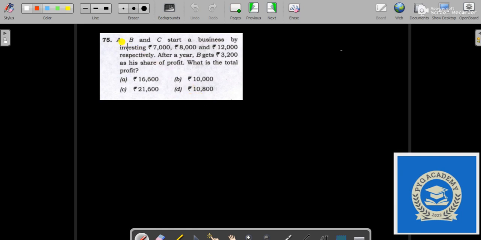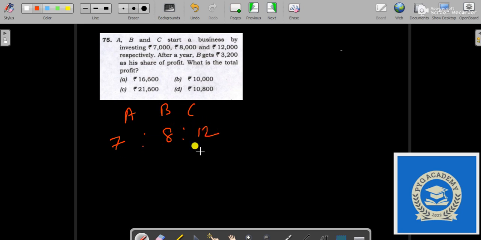In the question it is given that A, B, C start a business by investing 7,000, 8,000, 12,000 respectively. After a year, B gets 3,200 as his share of profit. What is the total profit? The logic here is that they will get the share of profit in the ratio of their investment, so the ratio is 7 is to 8 is to 12.